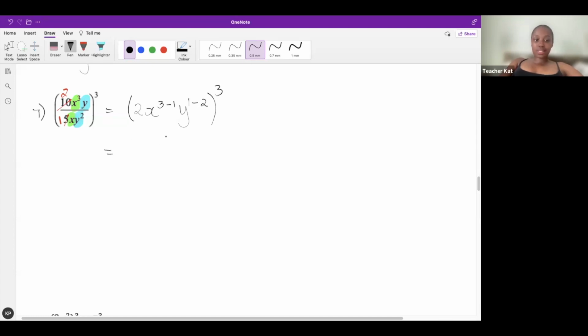Now let's simplify what's inside the bracket before we deal with this exponent outside. 3 minus 1, the new exponent for X is 2. And for Y, negative 1, cubed. Now we can deal with this exponent. What are we going to do again with my 3 that's on the outside?